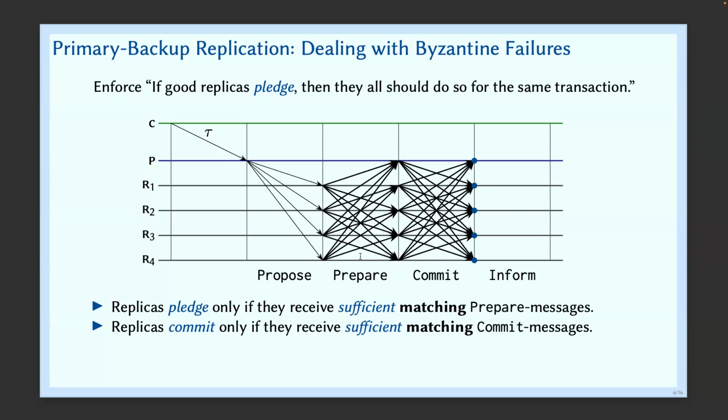What this phase does is send out what the primary had proposed and say the primary didn't lie. At the previous point, the only thing I knew was that I myself reached the conclusion that the primary didn't lie. But at this point, I reach a conclusion that the majority knows that the primary didn't lie.